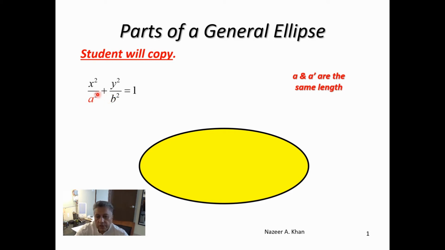When we look at this, the value for a is one half of the major axis. We'll discuss that later. When we look at this notation that I have here, a and a prime are the same length, so we'll get into that also in more detail.